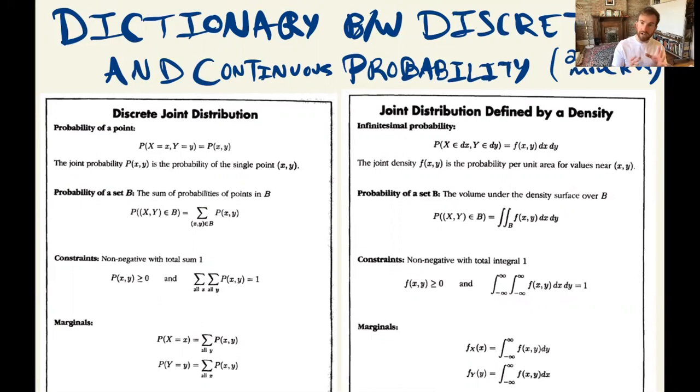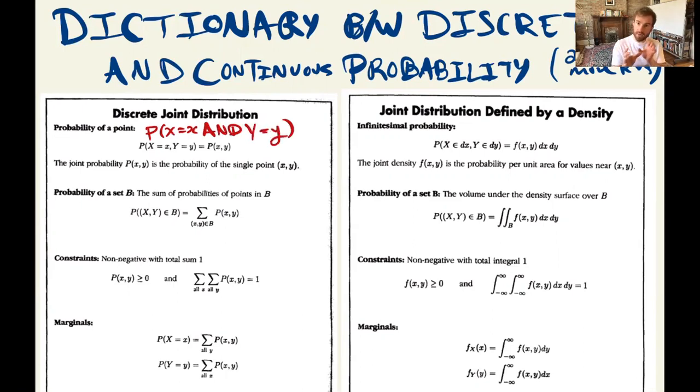So again, we have this very helpful side-by-side summary, courtesy of Pittman. Now, remember, you want to think of this statement over here as being the probability that x equals little x and y equals little y. That's what the JDF means.